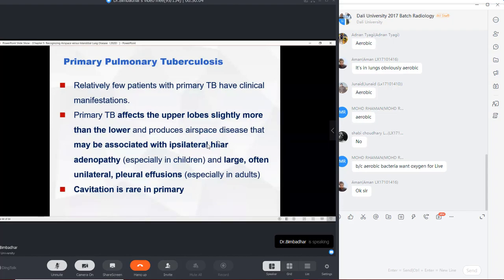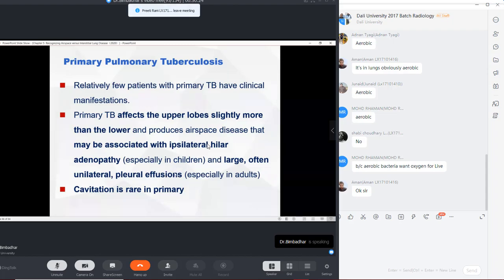So ipsilateral hilar adenopathy along with a same-side pulmonary lesion indicates that he has tuberculosis. And you also see that unilateral pleural effusions are more common in these patients, especially in adults.